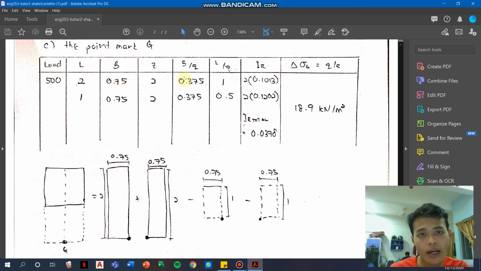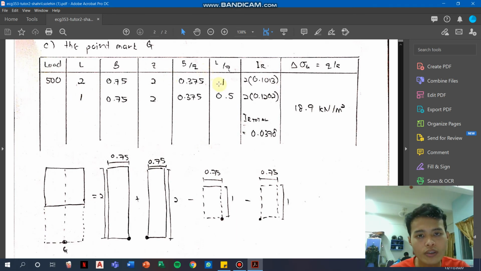The depth is 2, and B over Z and L over Z, as well as IR, we can find using a table. B over Z is 0.375 and L over Z is 1. The IR is 0.1013, but we multiply by 2 because there are 2 rectangulars. It is the same with the other rectangular.